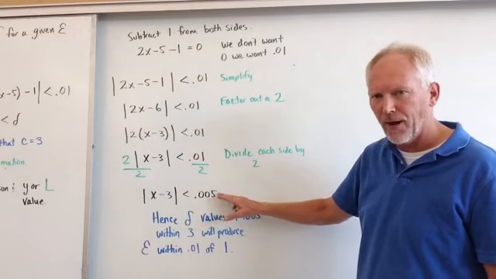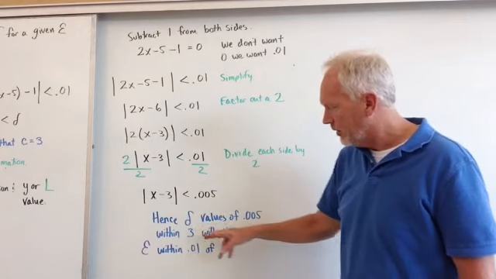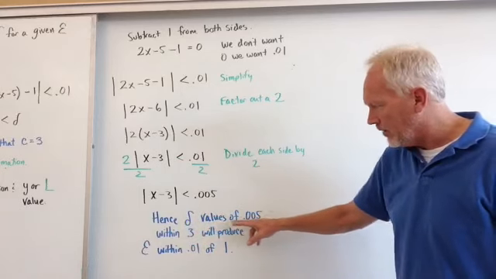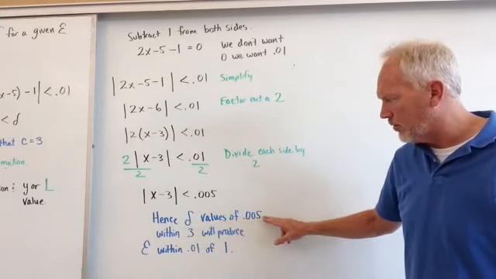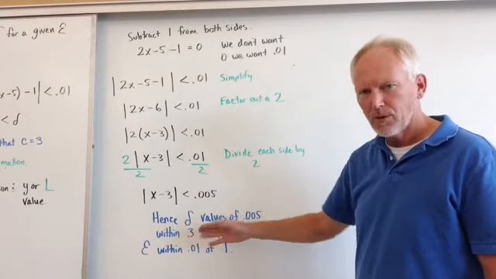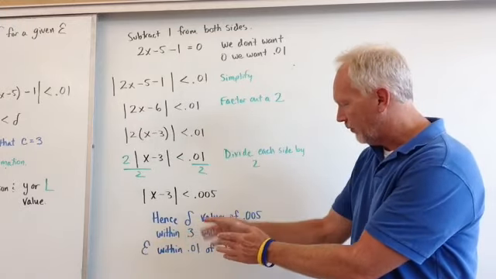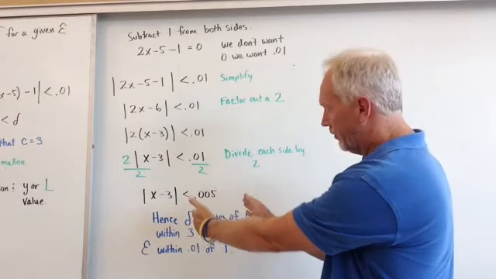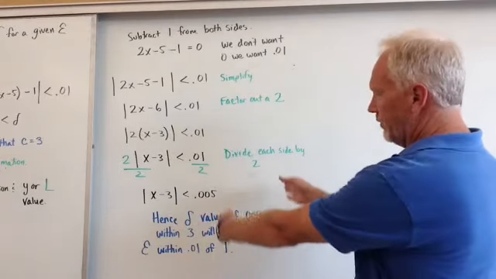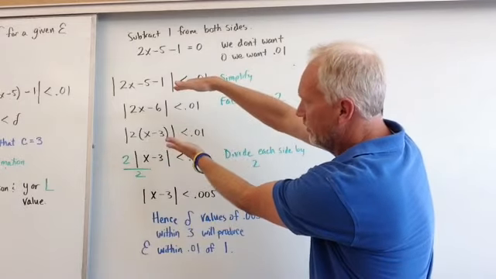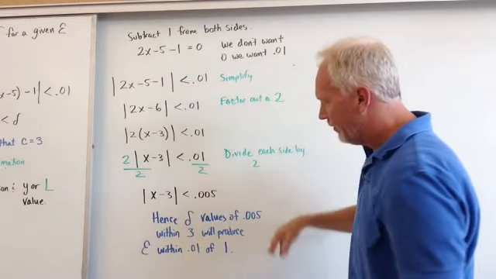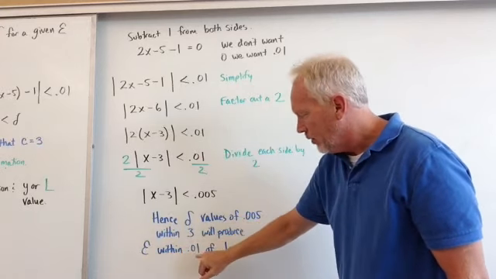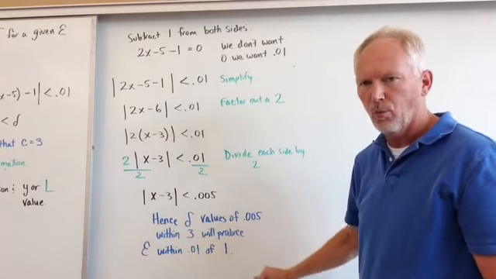If we put 0.005 in as a value, we will get our delta. Then, if we use delta values of 0.005 within 3, where 3 was the x, those numbers will produce y values, or epsilon values, within 0.01 of 1.